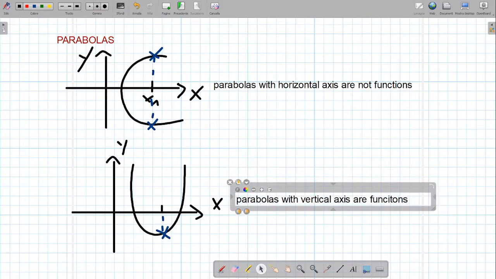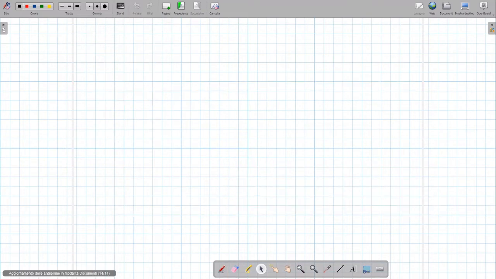Okay, but moving on, we can just go into the general equation of a parable with vertical axis.